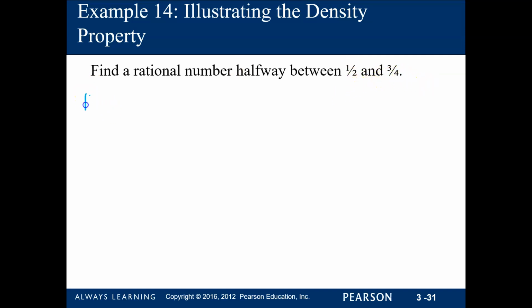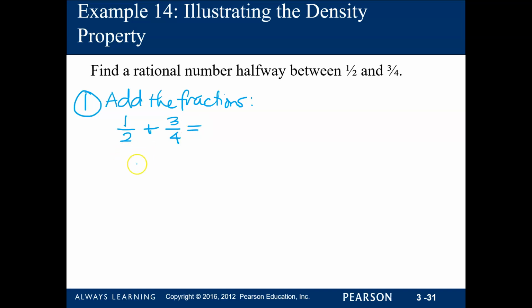Step number 1: add the fractions. So what we do here is we have 1 over 2 plus 3 over 4. We cannot add them because they have different denominators.